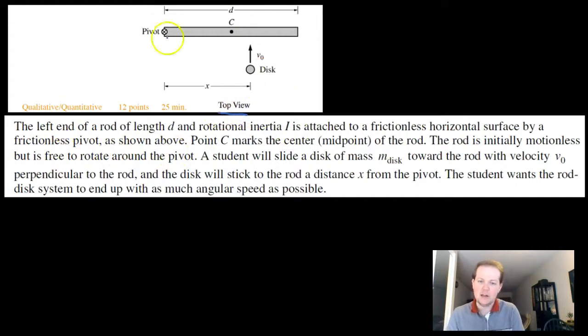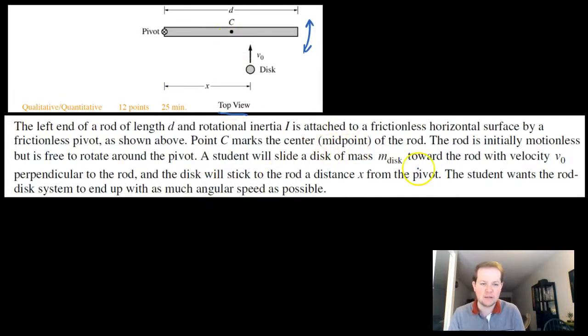So I'm looking down, kind of looks like our door problems we've seen where you're throwing something at a door. We have a pivot, so this rod here can rotate like this. We have this disc, kind of looks like a ball, but this disc is coming in, and we know that the length of the door or the rod is D, and where this disc is coming is a distance x. Okay. Point C marks the center midpoint of the rod.